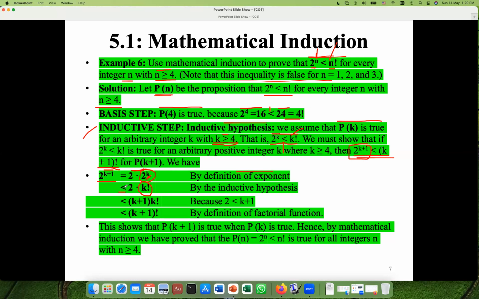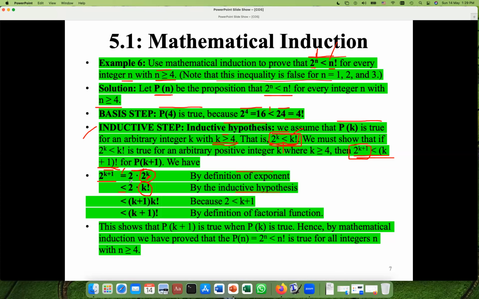It is our assumption that 2 to the power k is less than k factorial, so if you want to use that, the equal operator will also change. This is what you have done by using the inductive hypothesis.